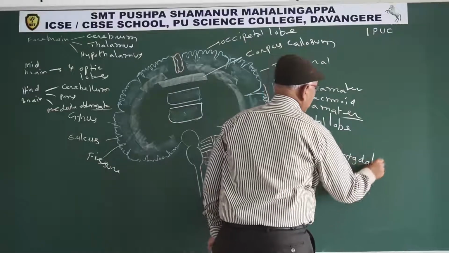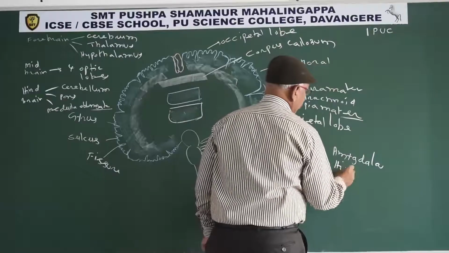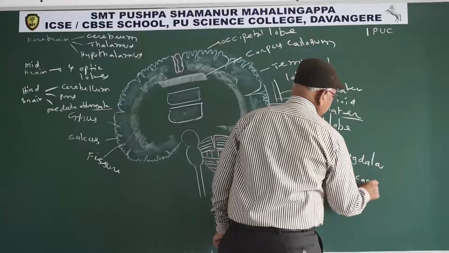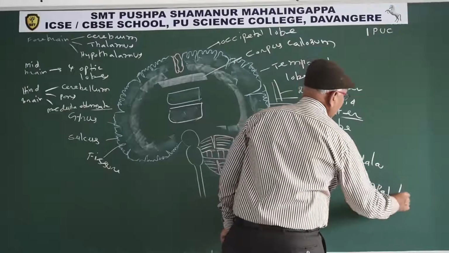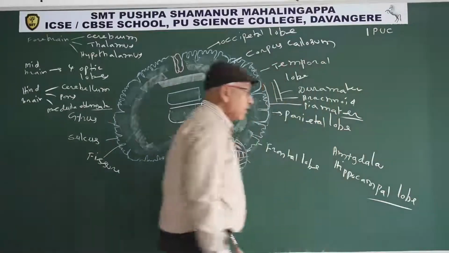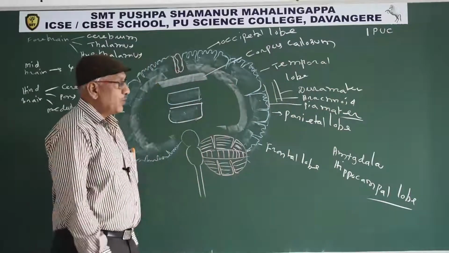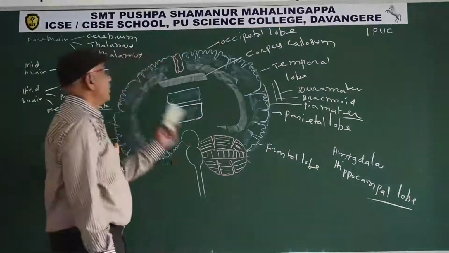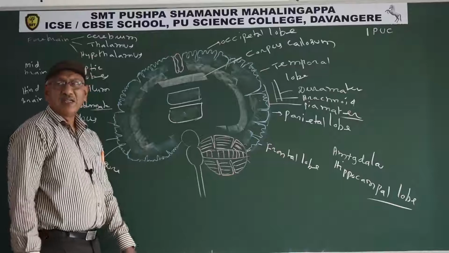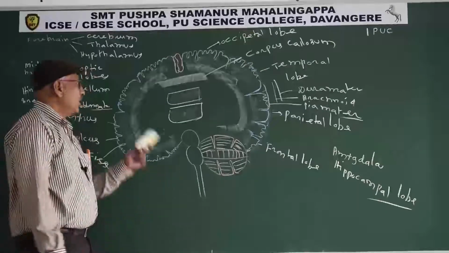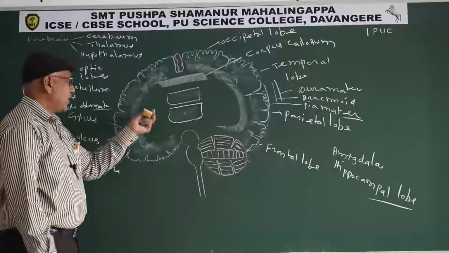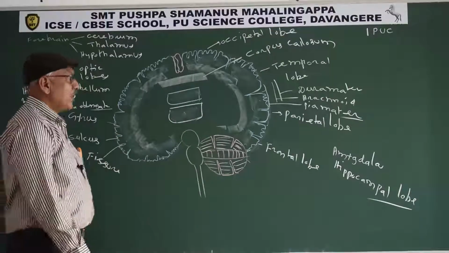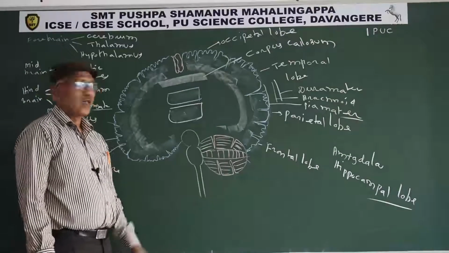Inner surface of cerebral hemispheres contains lobes: amygdala and hippocampal lobe. Amygdala and hippocampal lobes together are known as the limbic system. Limbic system controls the sexual behavior and emotional behavior. Cavity present in the brain is known as ventricle. The ventricle present in right cerebral hemisphere is known as first ventricle. The ventricle present in the left cerebral hemisphere is known as second ventricle.